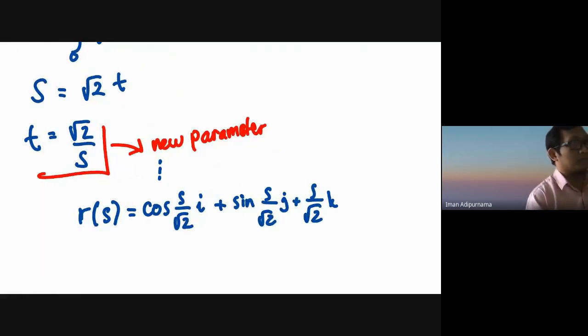It can be helpful, especially if you are maybe finding that from a complicated parameter and you want to simplify that. We can simplify the parameter with this method. We can reparameterize. Okay? Reparameterize.